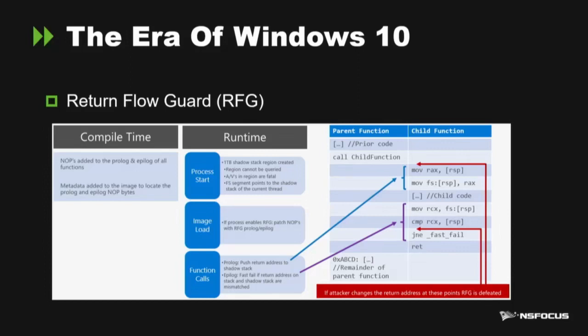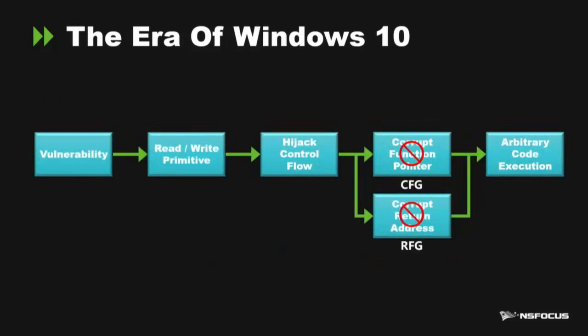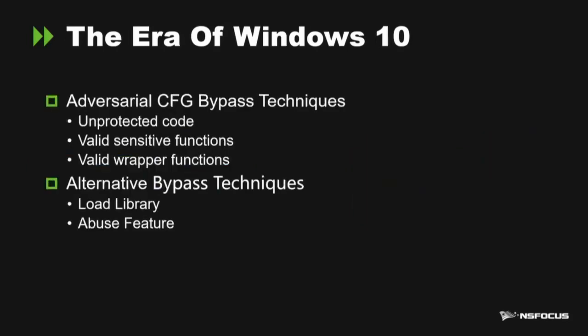But there will be a hardware-based implementation. We don't know many details of that implementation now, so in this talk, we don't cover this part. We just assume RFG will resolve the return address corruption problem. So both ways are blocked. We can't simply achieve arbitrary code execution. We need new mitigation bypass techniques.